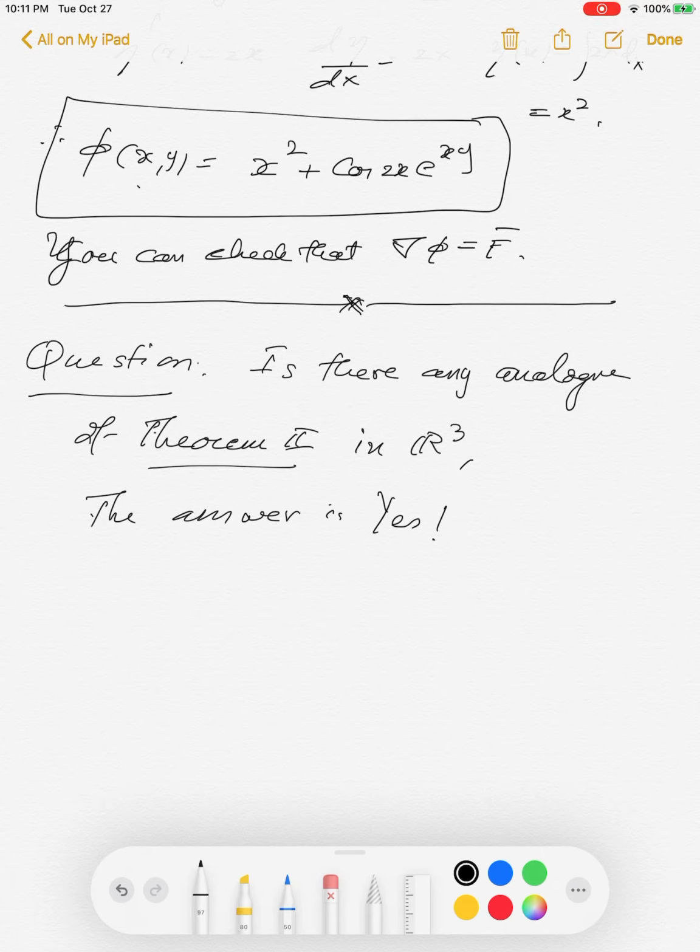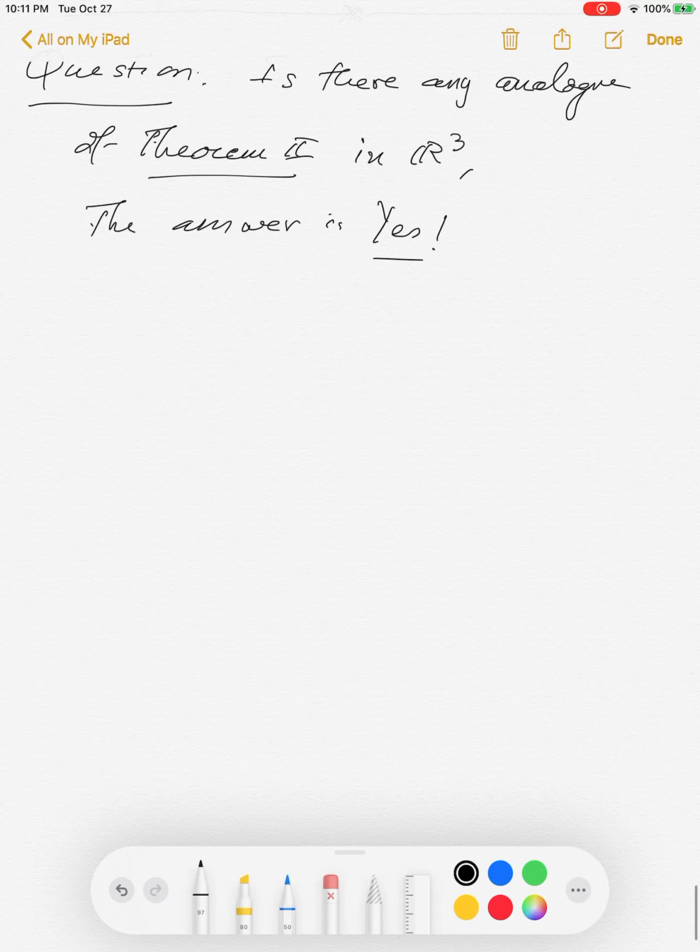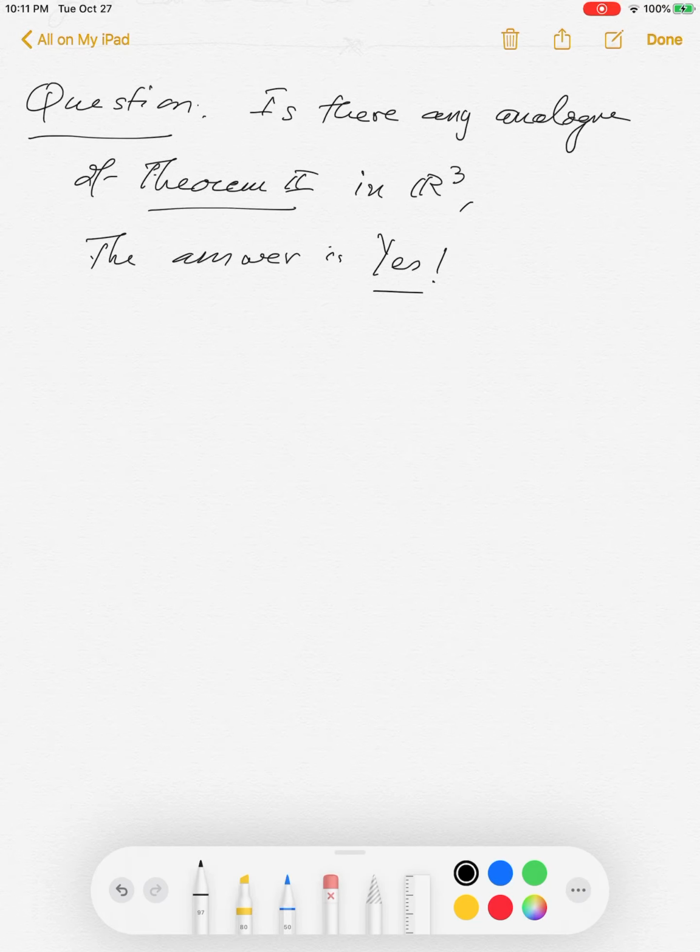And the answer is yes. For that I will introduce you to a very important concept, and that is the concept of the curl of a vector field.